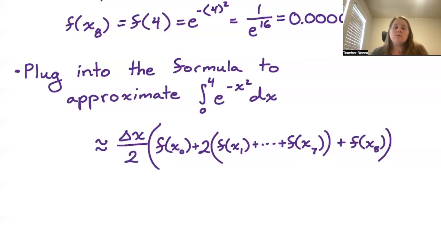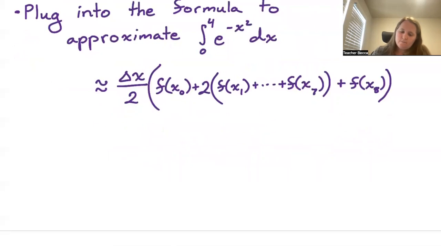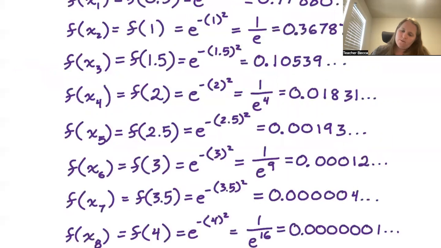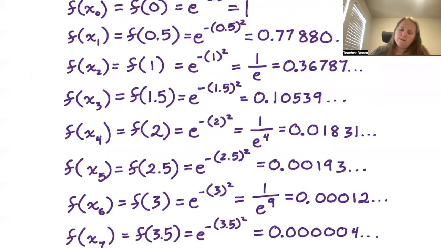Our delta x was 0.5. So we are looking at 0.5 divided by 2 times, f of x0 was 1. Then we have plus 2 times, f of x1 was 0.77880 and so on.